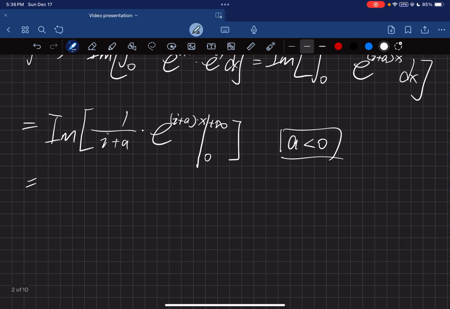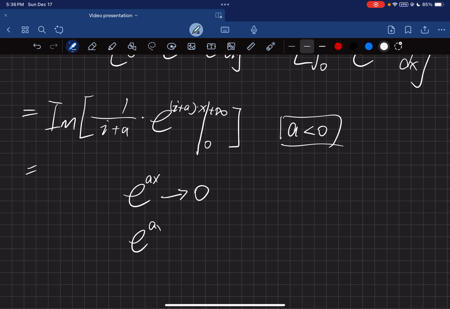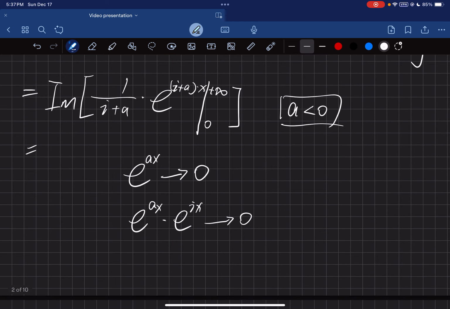So when x is positive infinity, no matter what the x value is, because e power ax approaches 0, the e power ax times e power ix also approaches 0, right? Because anything times 0 is 0, so this approaches 0.